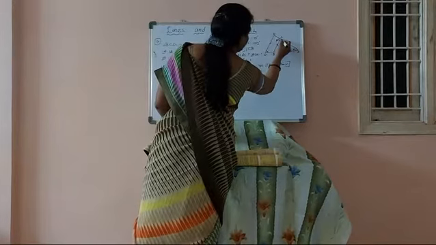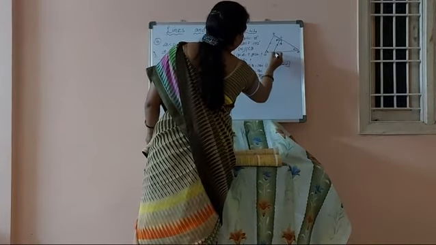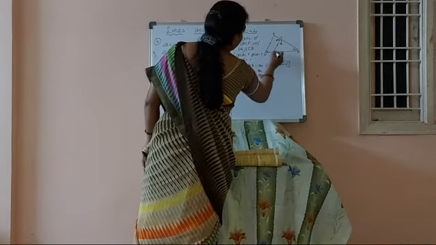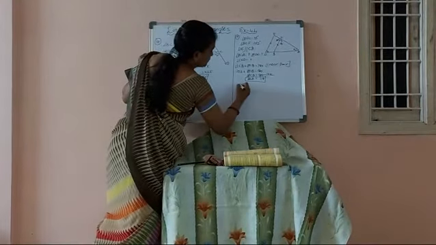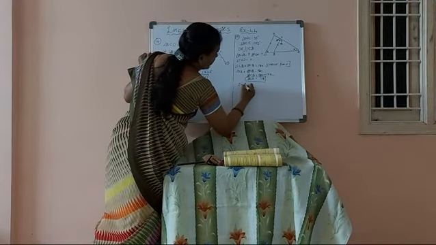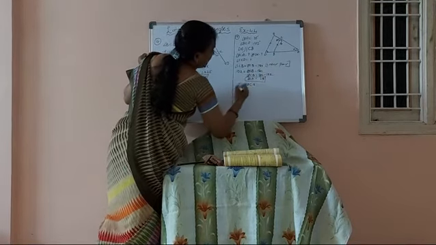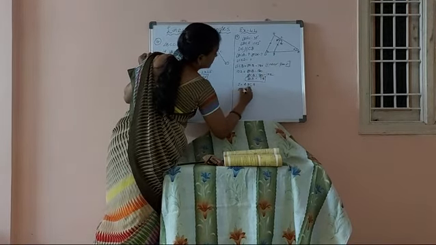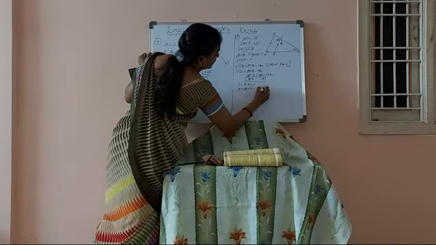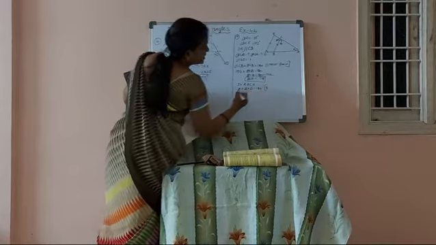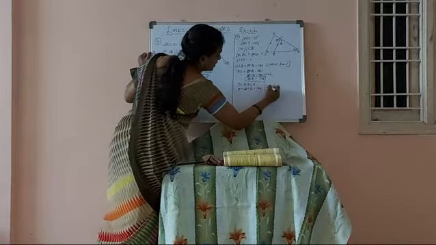If this is 78, what about this one? In triangle BCA, angle A plus angle B plus angle C is equal to 180 degrees. Angle sum property.